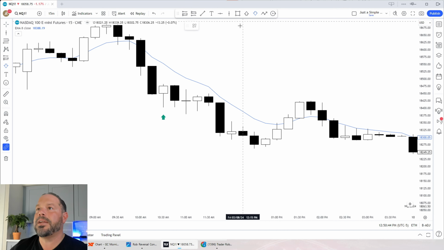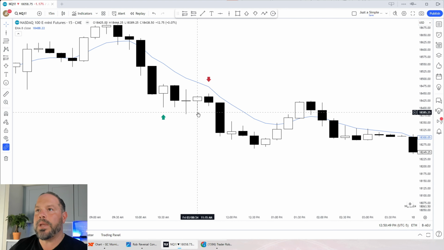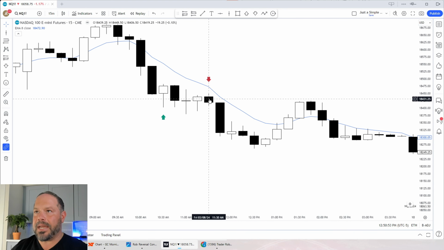But here is our setup right there to go short. We have an up candle. We then have a down candle that creates a higher high that does not create a lower low. And you would then have your entry. Let's mark the entry, one tick below right there. That would be your entry.